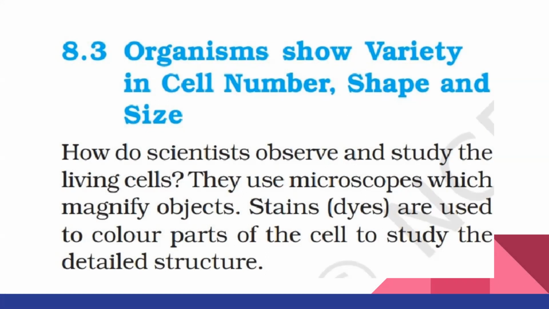This also you might have learned in lower classes. Which are they? Leishman's blue stain and methylene blue are the common stains or dyes used in the laboratory, which give color to the parts of the cell so that they can get a detailed study of the cell structure.